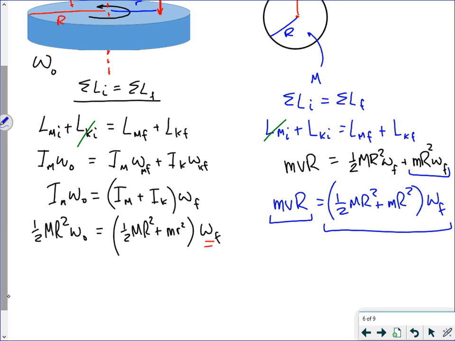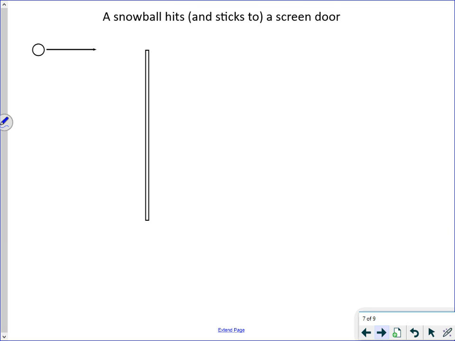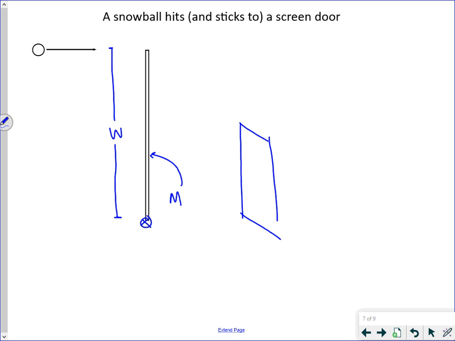Okay, here's another example. This is a top view of a door. All right, hinge is here. And let's say door has mass M and width W. Here's the top view, right? So here's the door, hinged here.